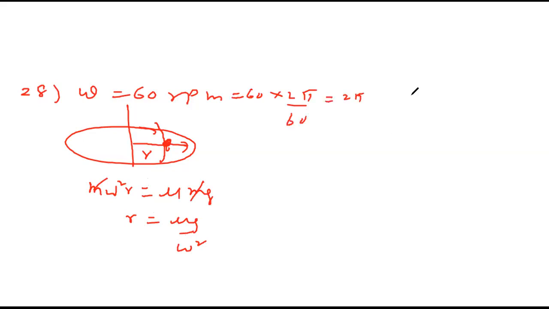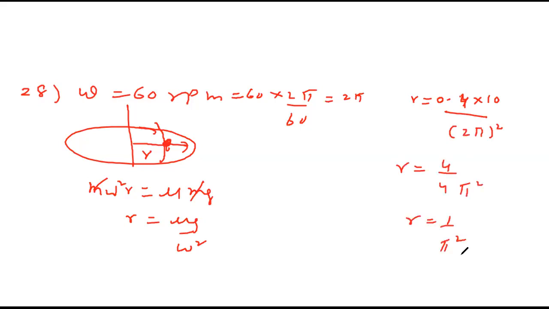So R is mu 0.4, g given as 10, upon 2 pi square. So R equals 4 upon 4 pi square, which is 1 upon pi square.